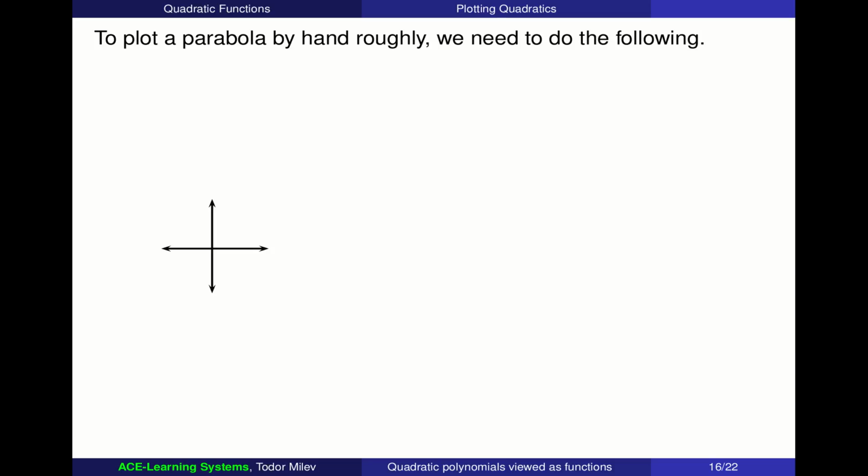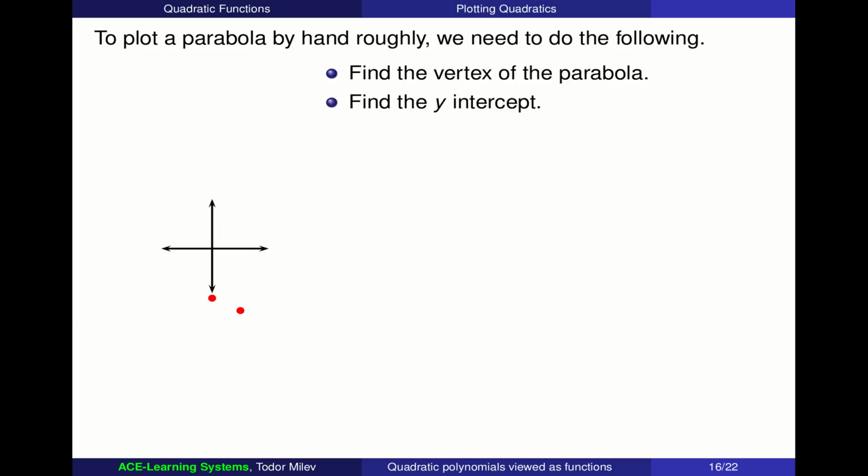Okay, so let's see how that is done. When we plot a parabola, or a quadratic function, the first thing we do is find the vertex, the tip of the parabola. The next thing we do is find the y-intercept of the parabola. The y-intercept's x-coordinate is always 0 and its y-coordinate is the value of the function at 0.